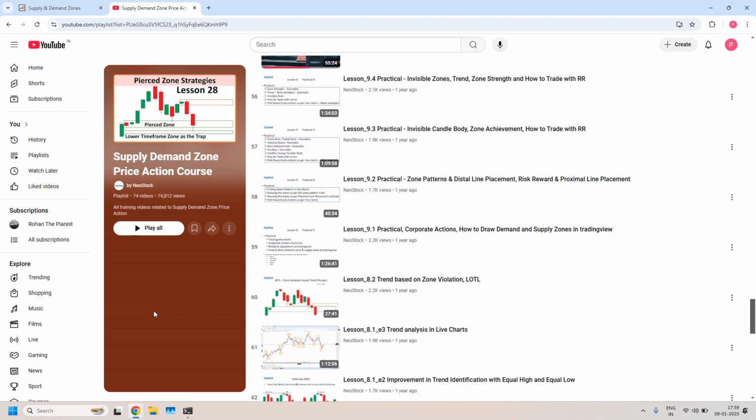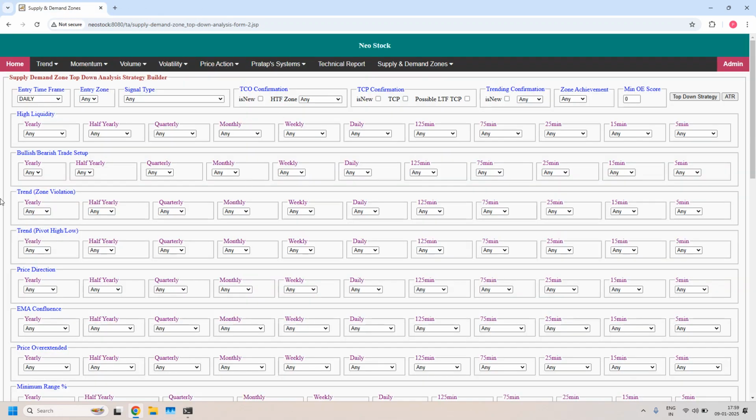Now let's get into the report generation. First, let us generate the stocks near demand and supply zones for different time frames. And also we will generate pierced zones for monthly, weekly and daily time frames. And also we will generate price closed inside the zones for the monthly, weekly and daily time frames.